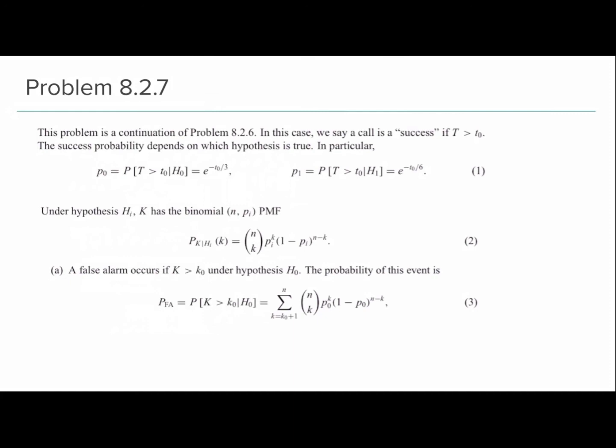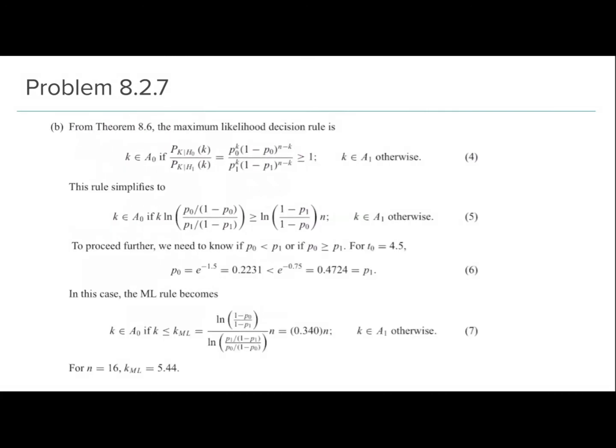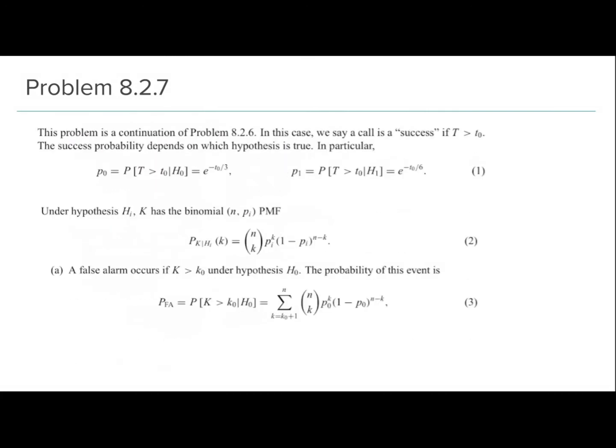So now we need to figure out when the false alarm will occur. The false alarm will occur if more than k naught calls last more than t naught minutes, even though it was a voice line. So the probability of false alarm is the probability that K is greater than k naught given h naught. What will be the probability that K is greater than k naught?